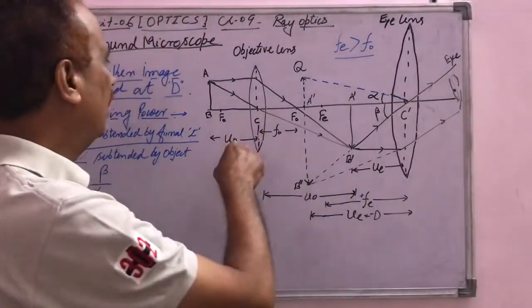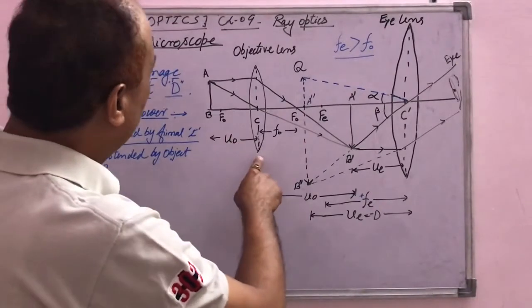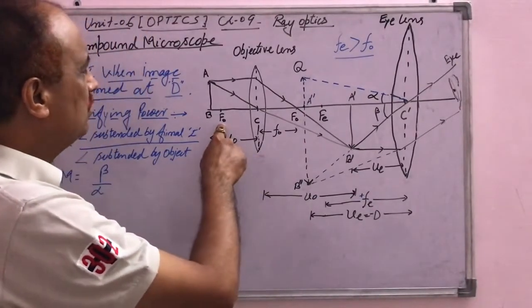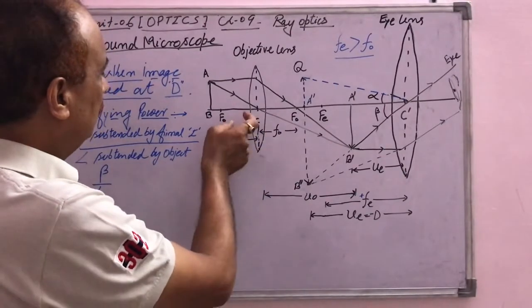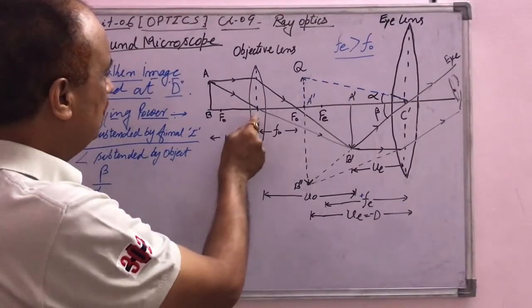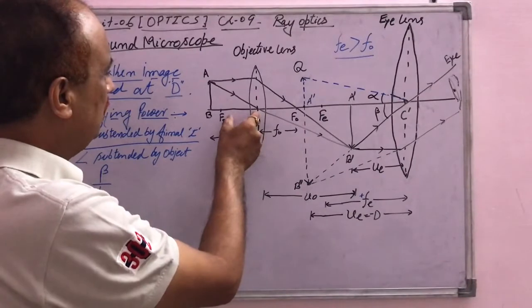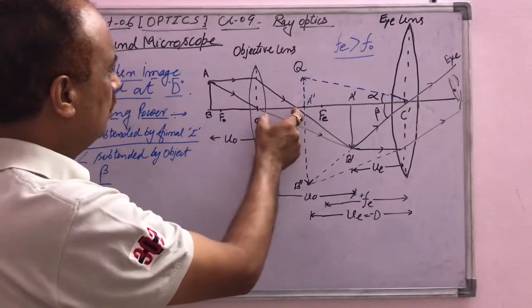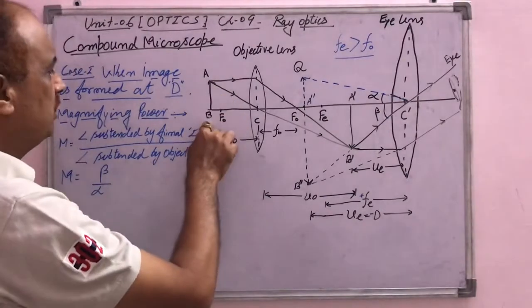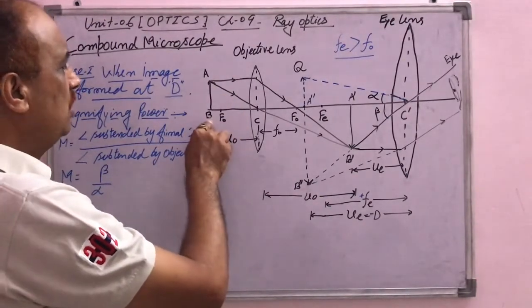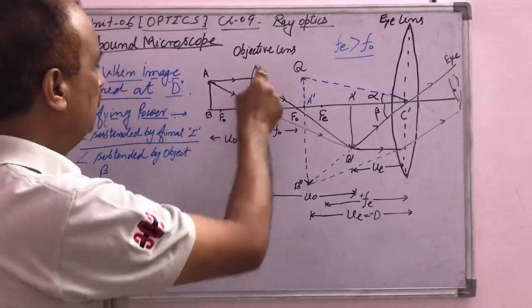Now look at the diagram. In the diagram, this is the objective lens, and FO is the focal point of the objective lens. C is the optic center of the lens. AB is the object, placed outside the focal point of the objective lens.